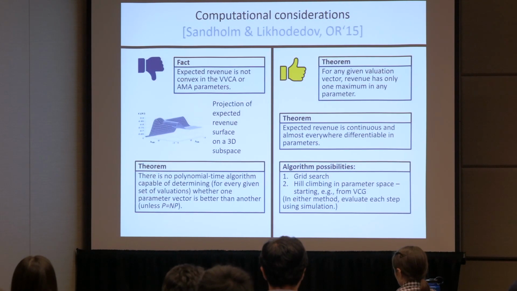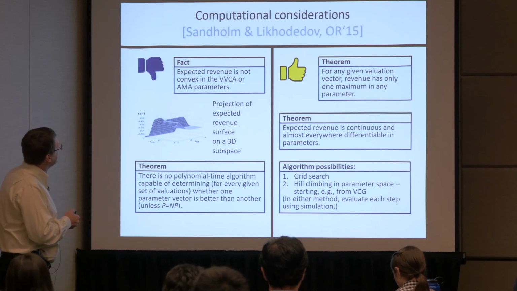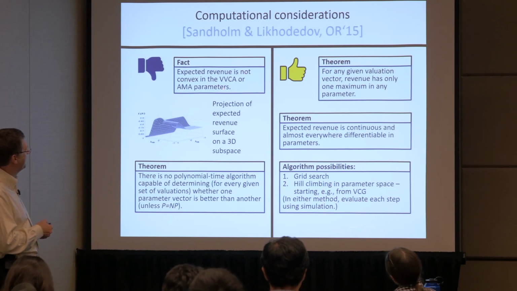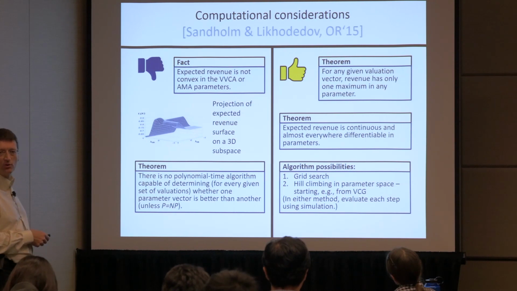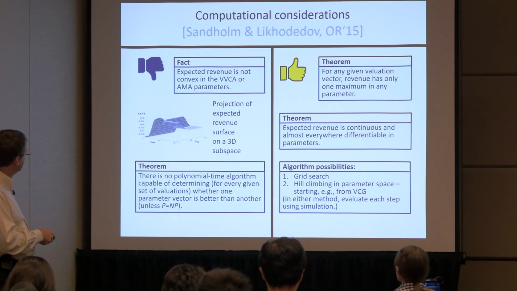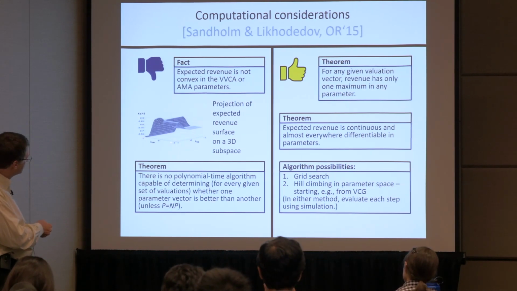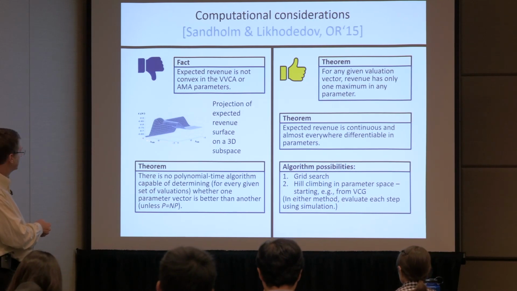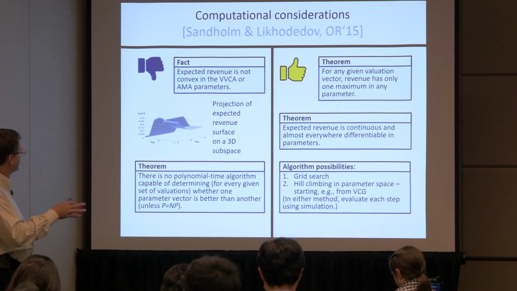Now let's talk about some computational considerations. First, some bad news. The expected revenue is not convex in the VVCA or AMA parameters. Here's a projection on a particular two-item auction. Y-axis is revenue. Here is how much I boost the mechanism for not allocating anything, so burning the two items. And here's how much I boost everything else.